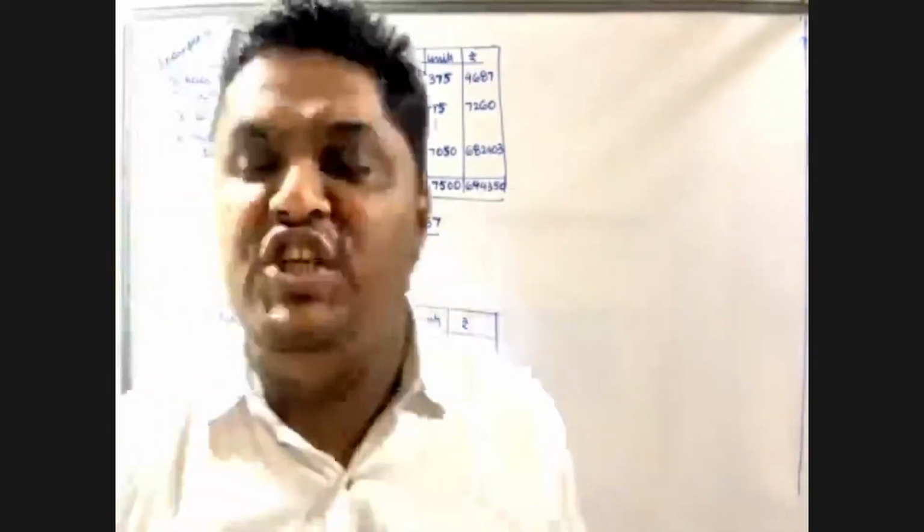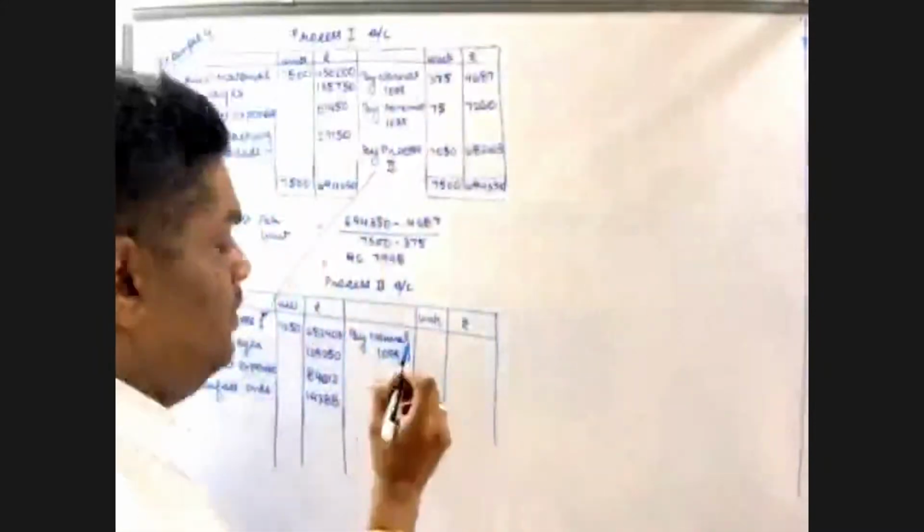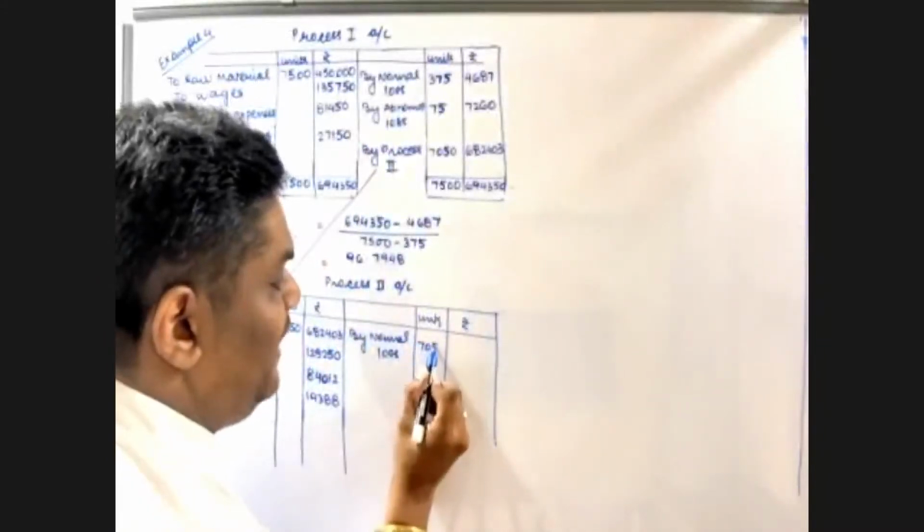It is given in the question that the normal loss is 10% of the input. So this will be 705.